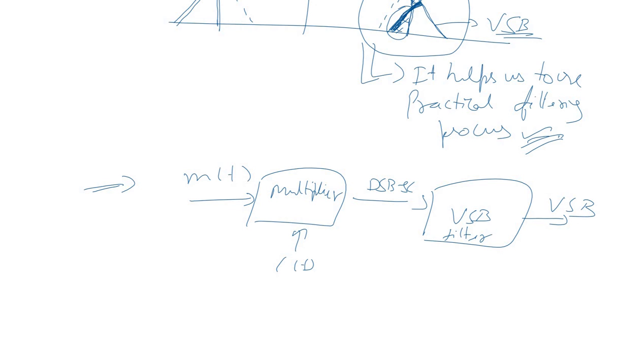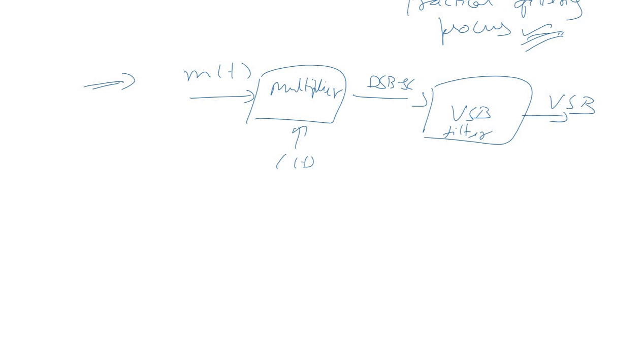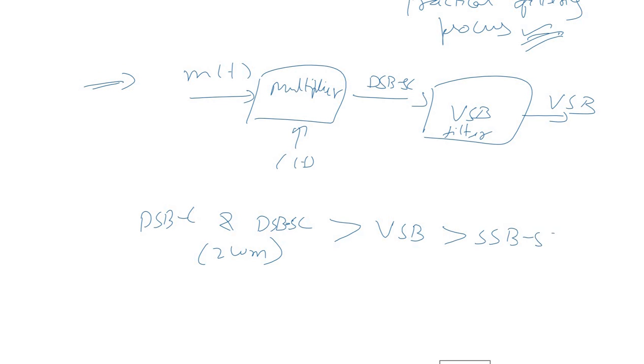So if we carefully analyze the bandwidth requirements of all the modulation techniques discussed so far, you'll find that the bandwidth of DSB-C or conventional and DSB-SC is twice omega m, which is the largest. Then after that we have vestigial sideband, and then SSB-SC.